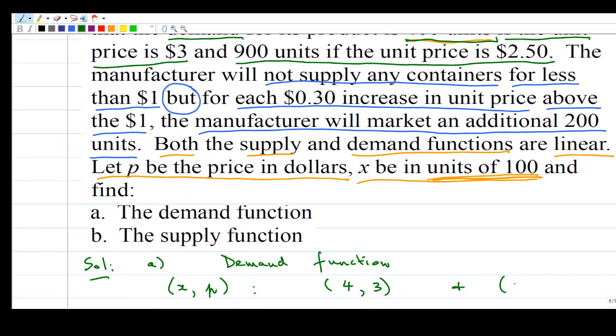So X is going to be 9 in this case, and the price is going to be 2.5.